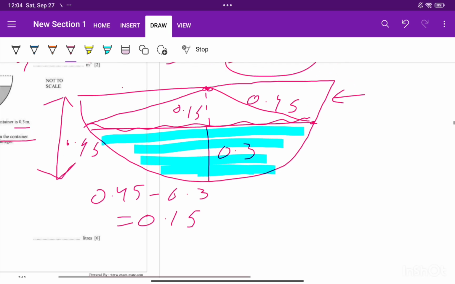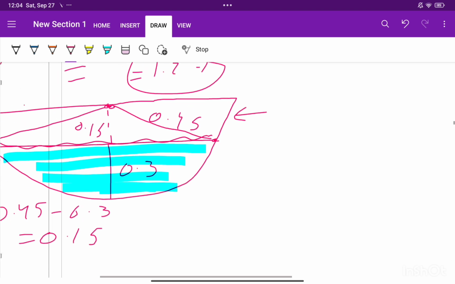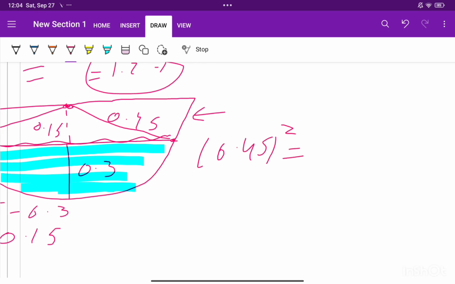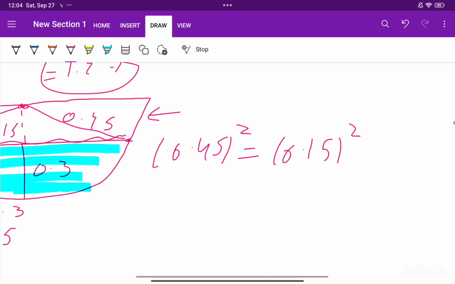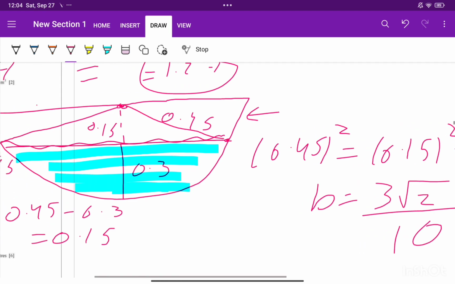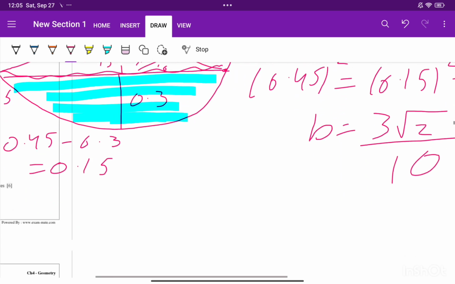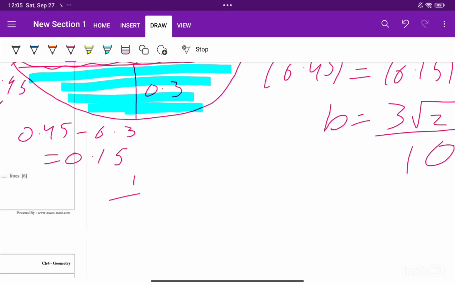So we will use Pythagoras theorem: 0.45 square equals 0.15 square plus base square. So base will be equal to 3 under root 2 upon 10. Now the area of the triangle is half multiplied by base into height.